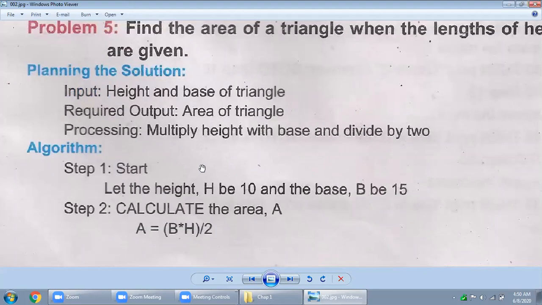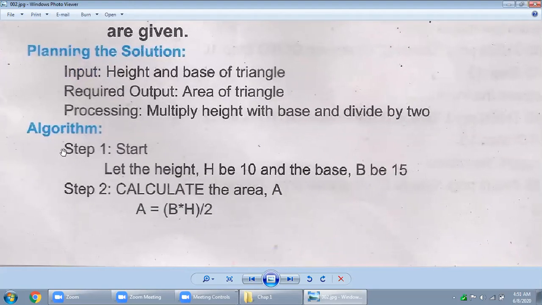Now we come to the algorithm. As usual, we start the algorithm with start. So the first step is start. Let the height h be 10, so I give the height h is equal to 10 and base b is 15. So the value of height is 10 and the value of base b is 15. What we have to find now is the area of the triangle.